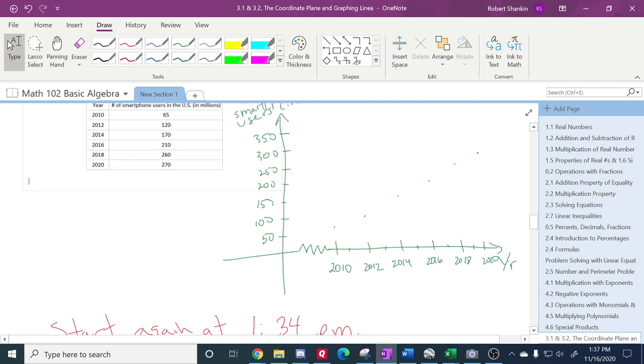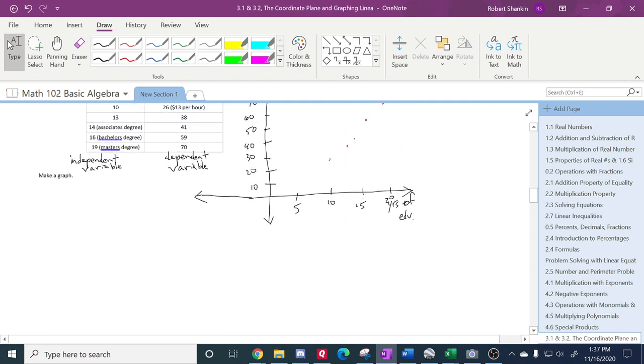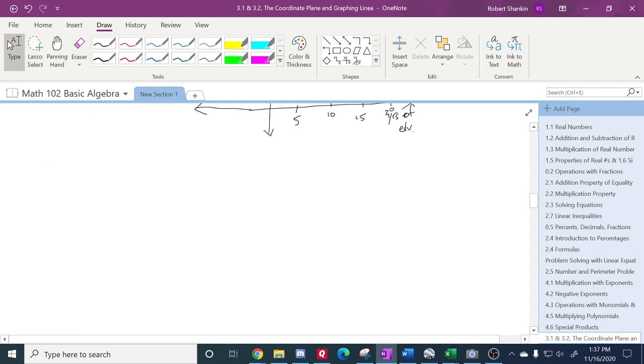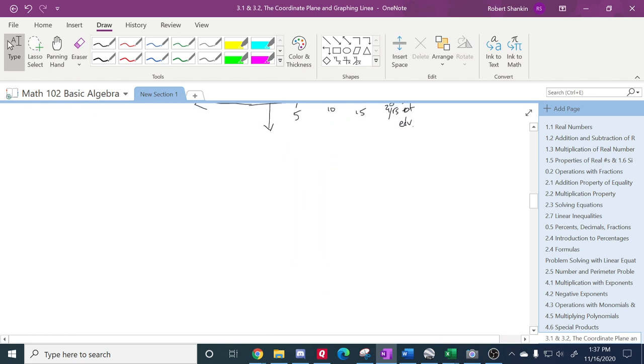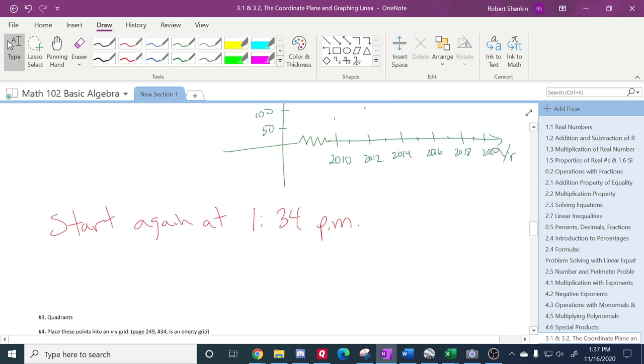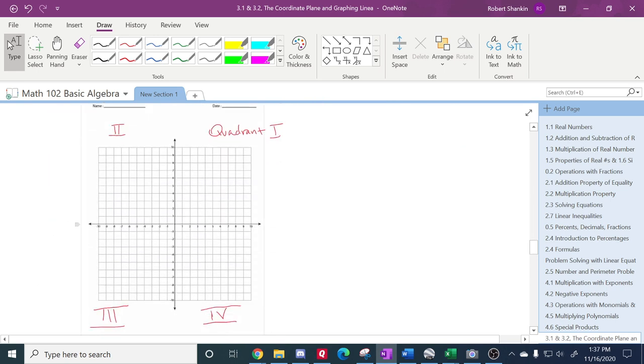But we were only in quadrant 1. Since that's the most often used, that's where we start. Now notice the x's. We also often call this the x-axis and the y-axis. Don't have to call them x and y, but that's their most common names.